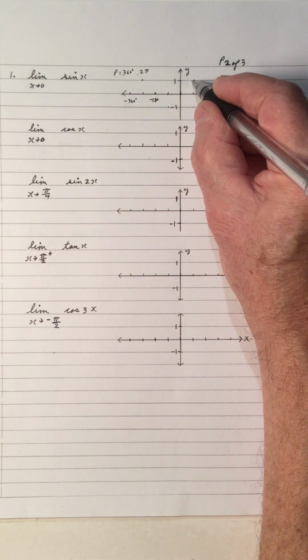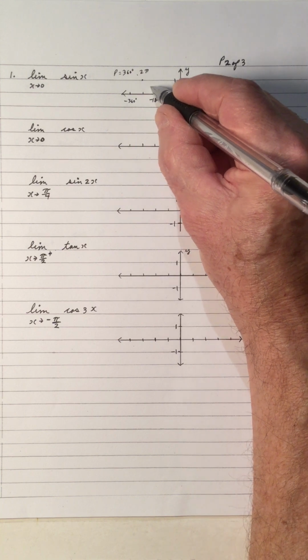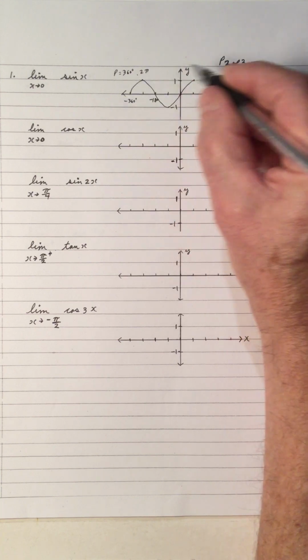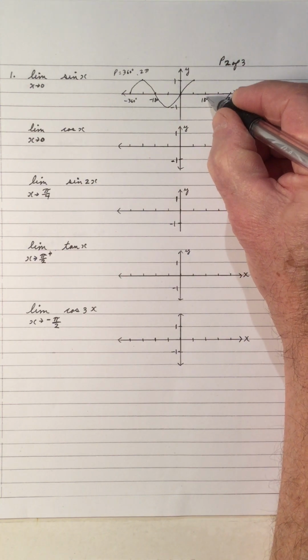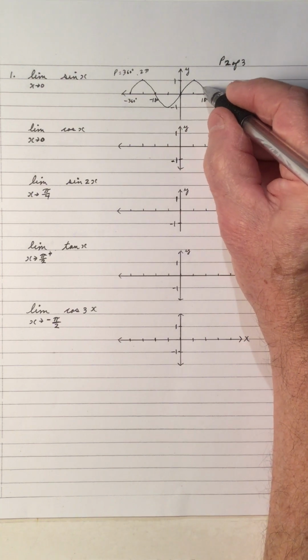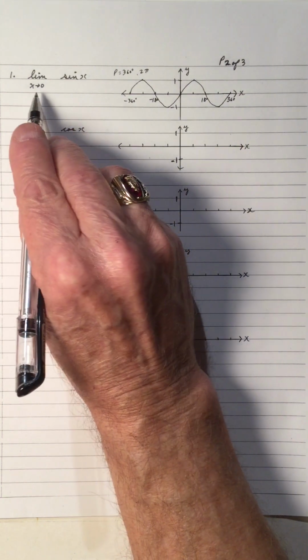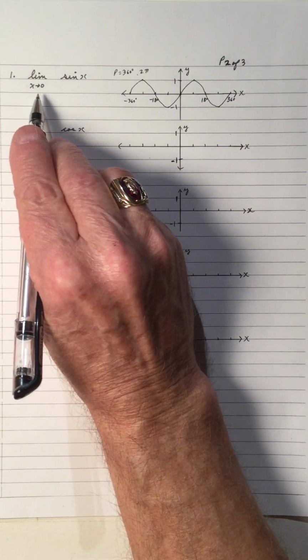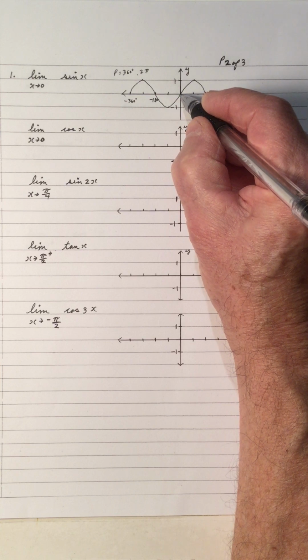So the sine graph is a sideways S. If you go from 0 to 360, it's a sideways S. So what happens as the sine graph approaches 0? On the right side, as it approaches 0, we get a 0.